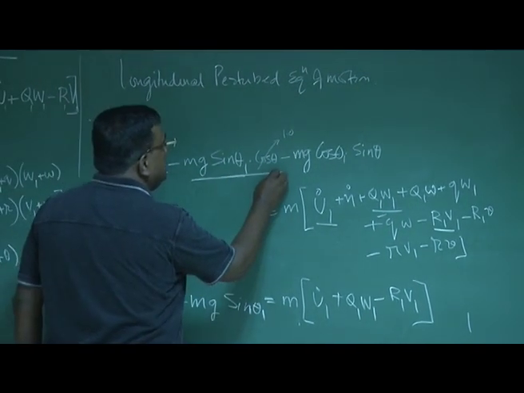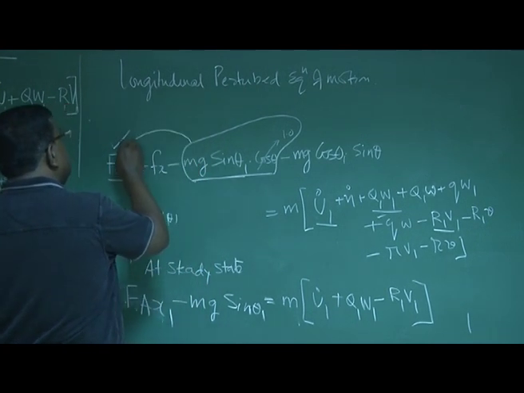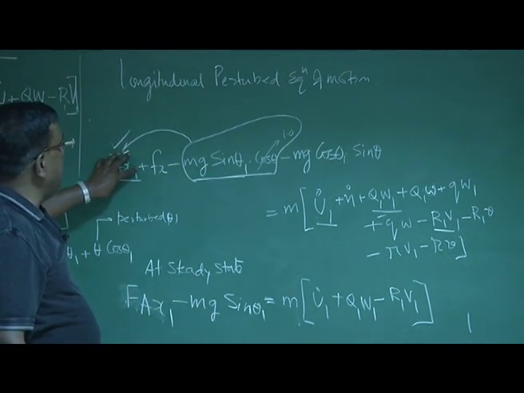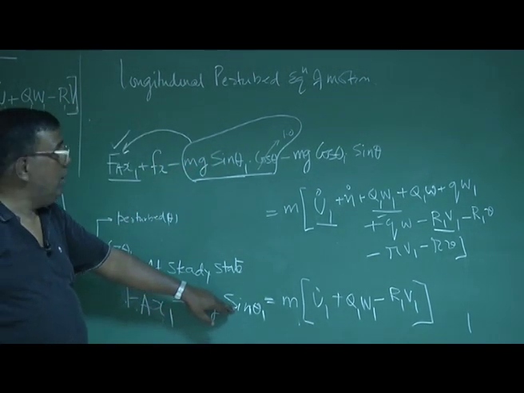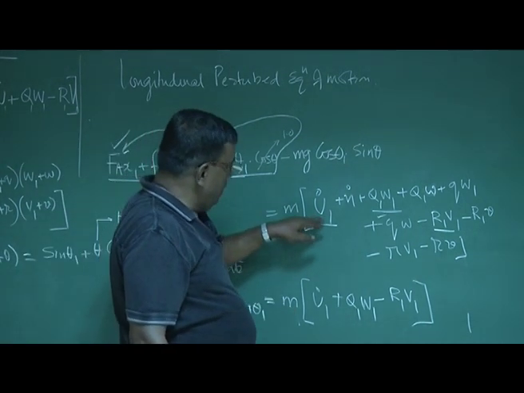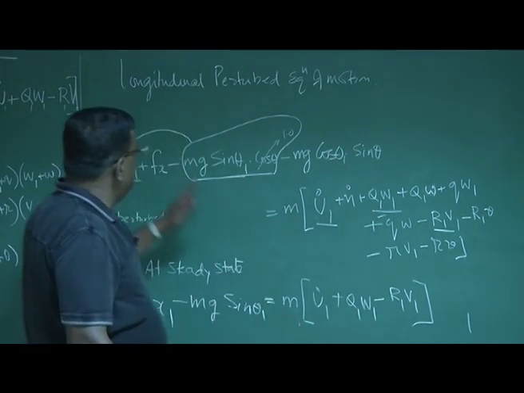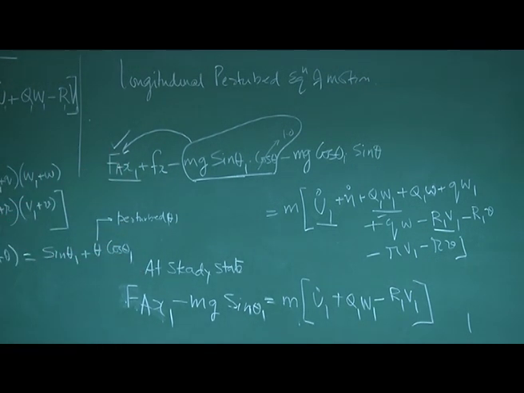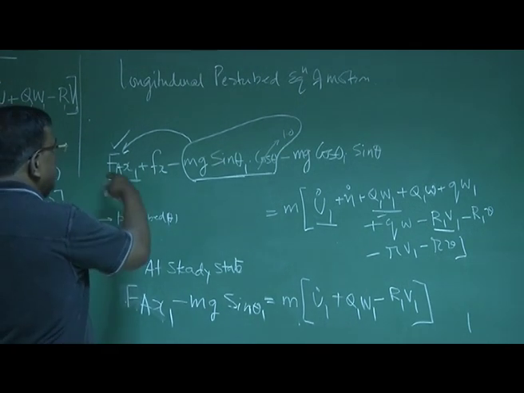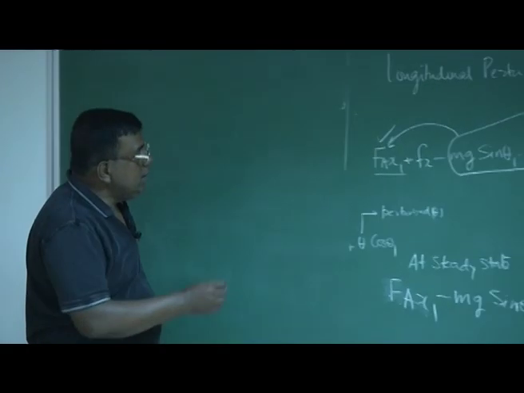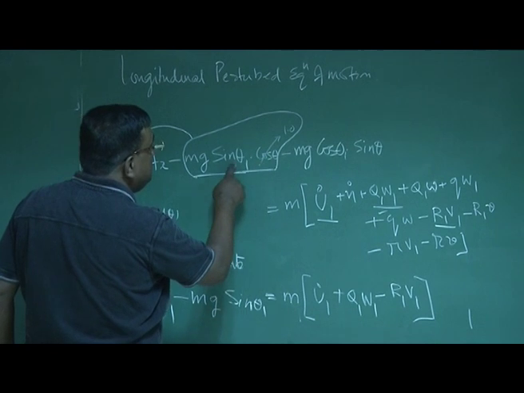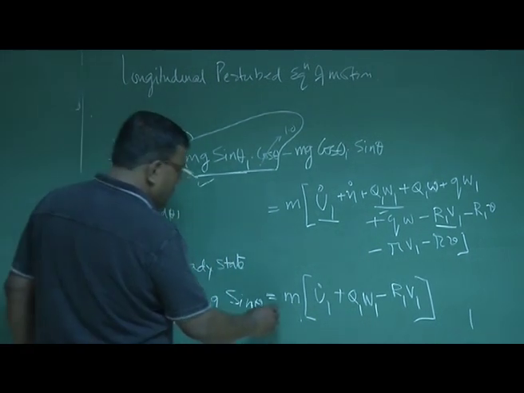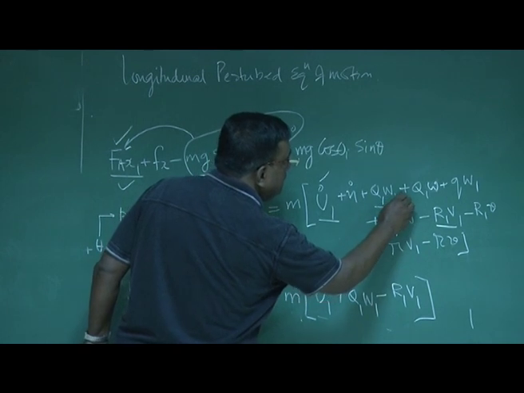So this term also gets coupled with this term. So I can remove this term because they are automatically taken care of, they are equal, right? So if I take out this term, what do I get? This term equal to this term.